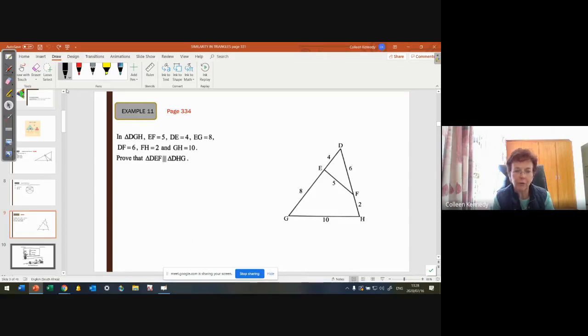So again, you're going to start off in your 2 triangles. So let's start off in the little triangle, in triangle DEF and triangle DHG. So you take the little triangle and let's take the shortest side in the little triangle, which is DE.